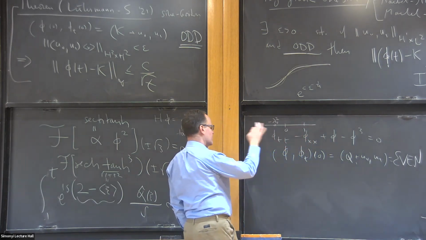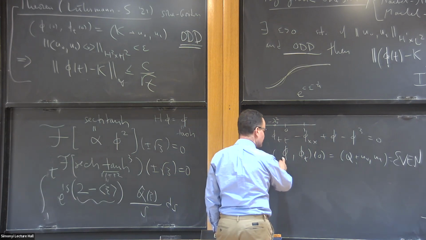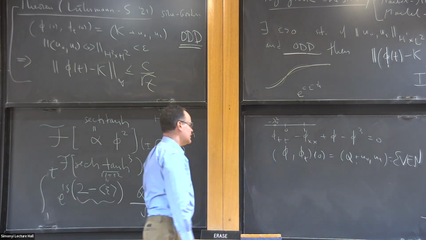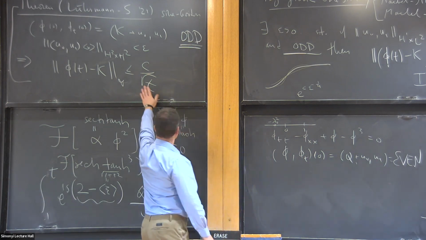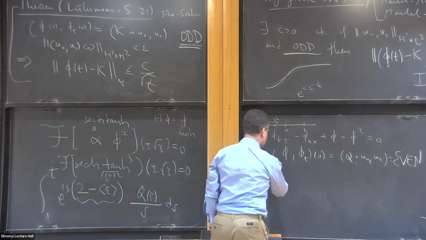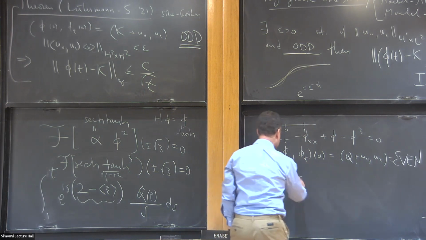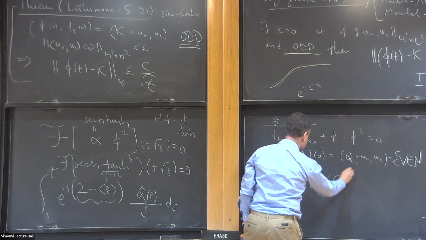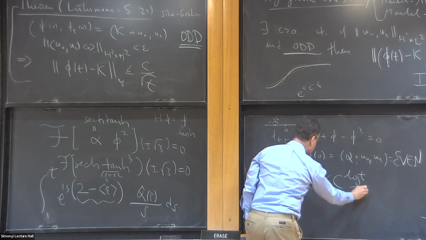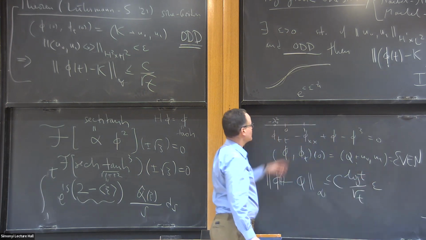And all right, what is it that we prove? We prove that our solution doesn't behave like this. We can only prove that phi minus q, this doesn't move, in L infinity is bounded by constant log t over root t times epsilon, up to those times.